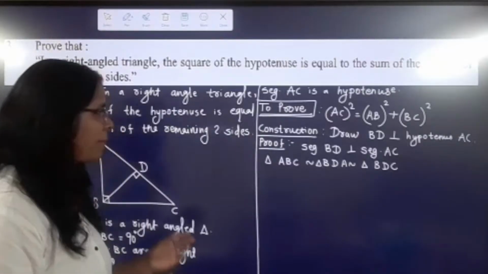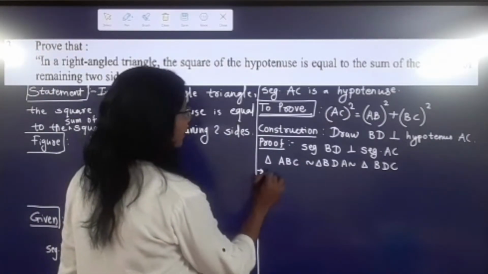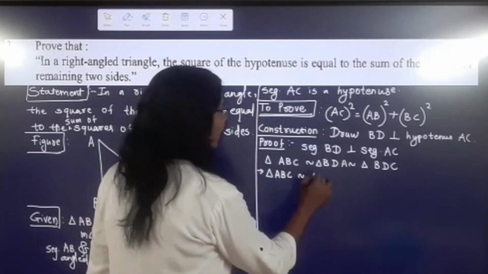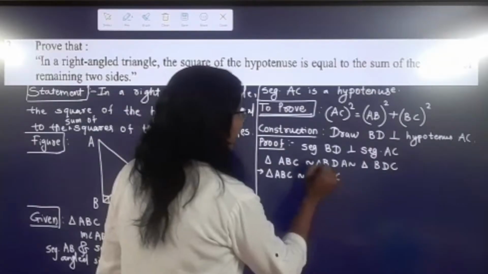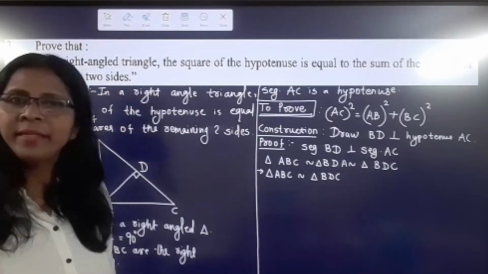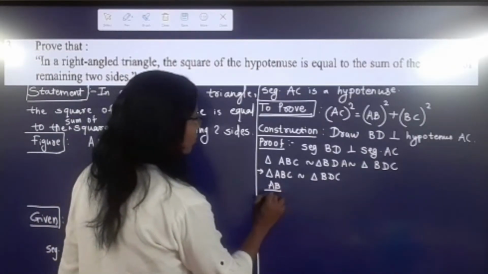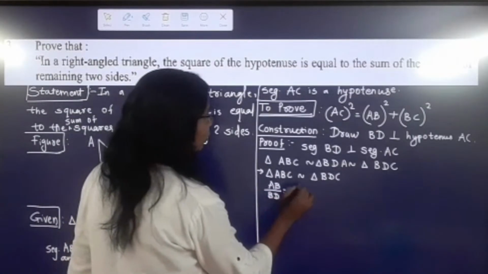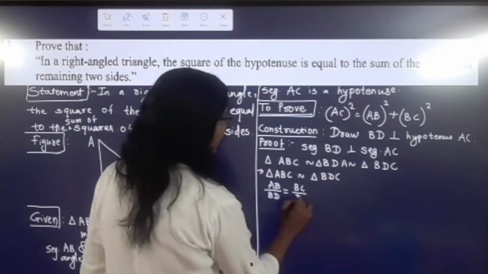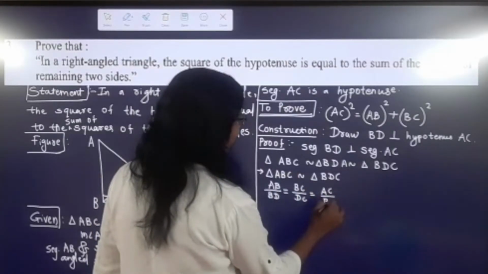One by one we take the pairs of triangles. First, triangle ABC is similar to triangle BDC, so the corresponding side ratios are equal: AB upon BD is equal to BC upon DC, which is equal to AC upon BD.